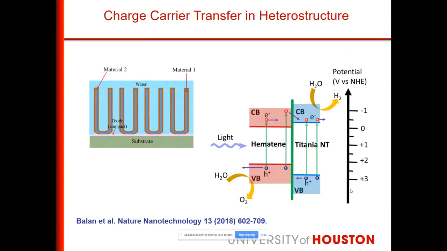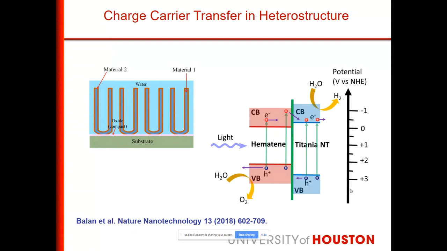But what was remarkable was that the band alignment of the conduction band and valence band of the iron oxide and titanium dioxide are mismatched. There's no way an electron can transfer from iron oxide to titanium dioxide. But we observed through quantum efficiency measurement that indeed it was happening.